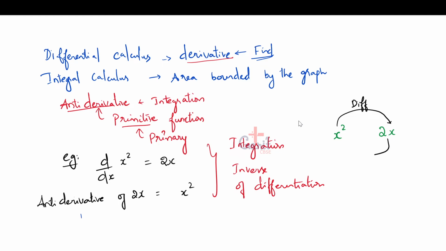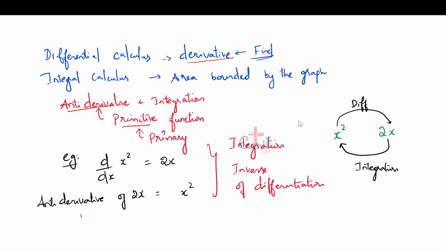And if you want to get from 2x to x square, that's integration. So it's an inverse process, and it's an antiderivative. The process of finding the antiderivative is integration. The process of finding the derivative is differentiation.